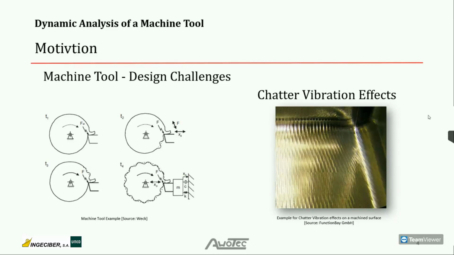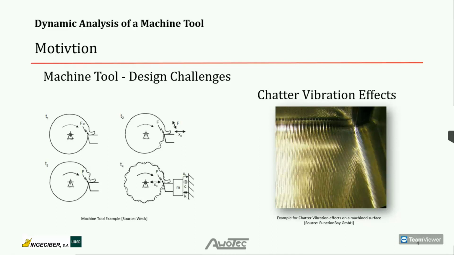So the stiffness of the machine as well as of the cutting process, together with the damping and so on, builds a spring damper system which might be self-exciting when the system parameters like cutting speed, feeding speed are in a specific range.